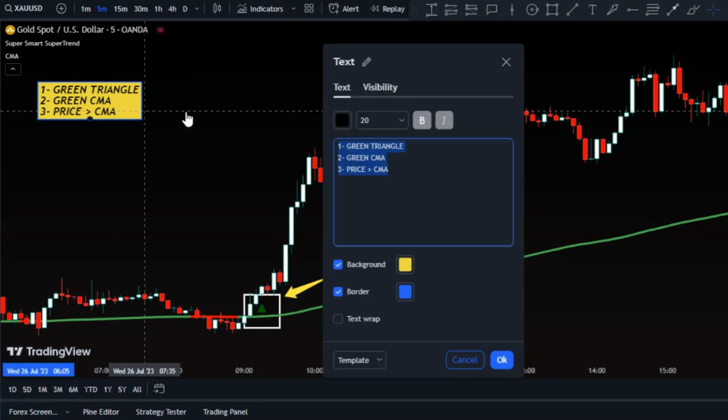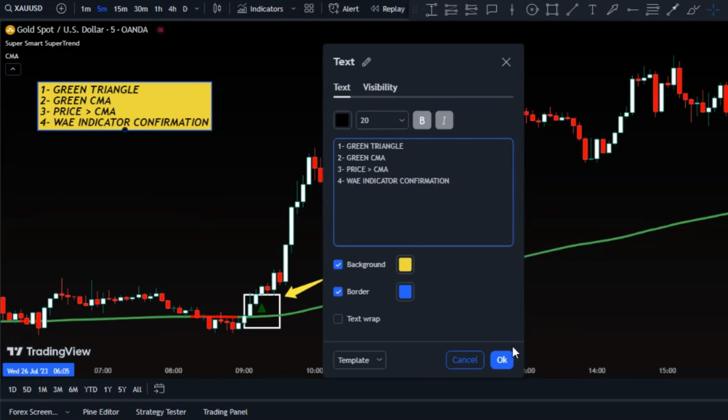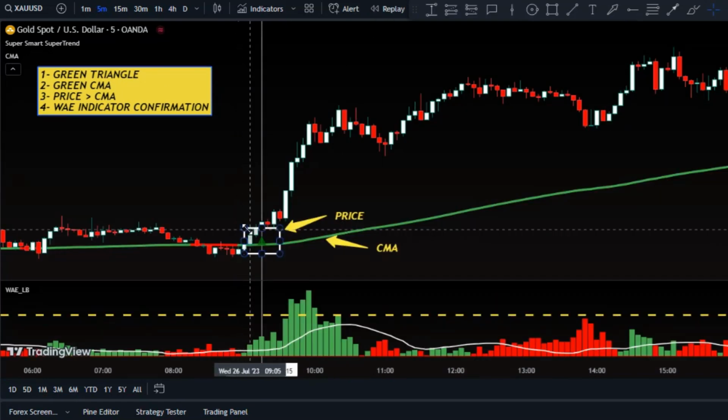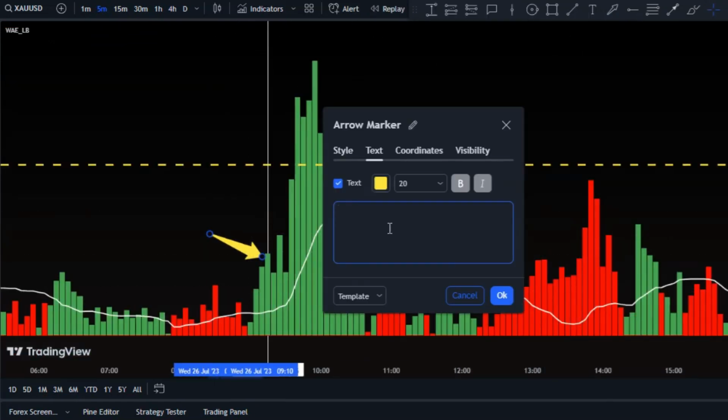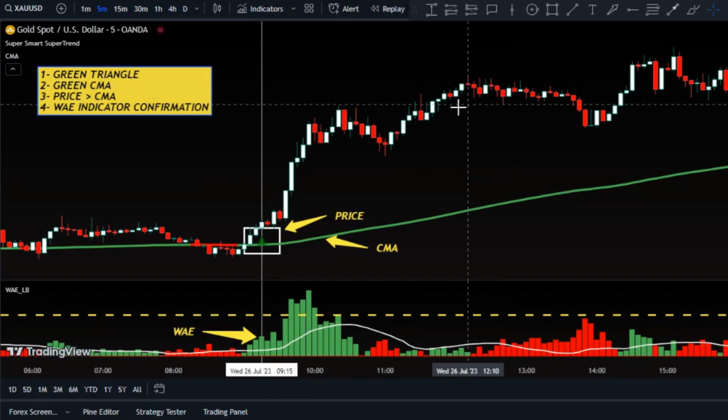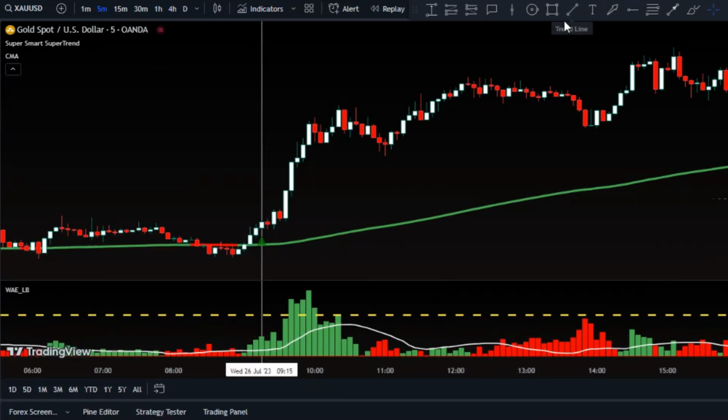And finally, in the last step, the WAE indicator needs to confirm the long signal. So, with all those conditions in place, you can open a long order.